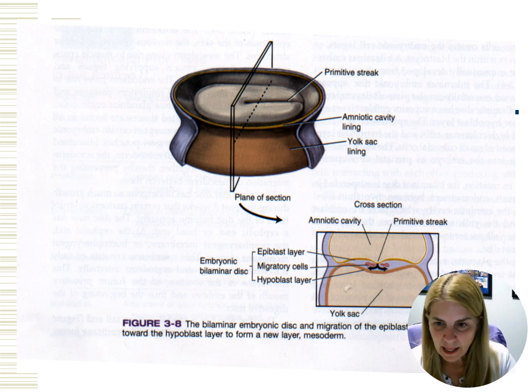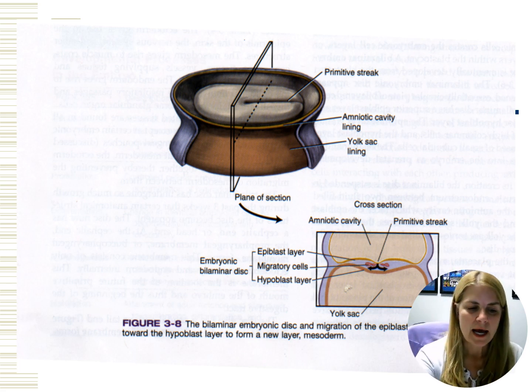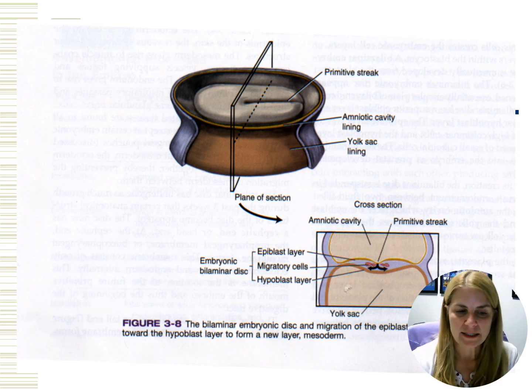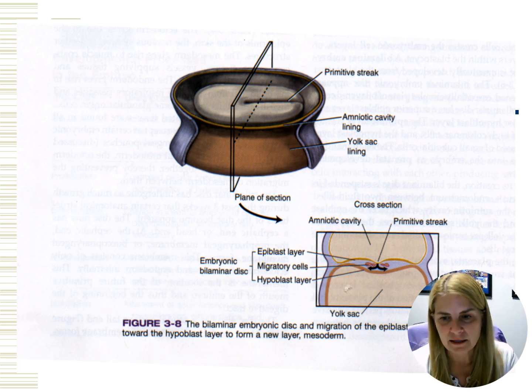Now we have the epiblast layer, the superior layer with high columnar cells, and then we have the hypoblast layer, the inferior layer with small cuboidal cells that migrate towards each other, the epiblast specifically into the hypoblast.